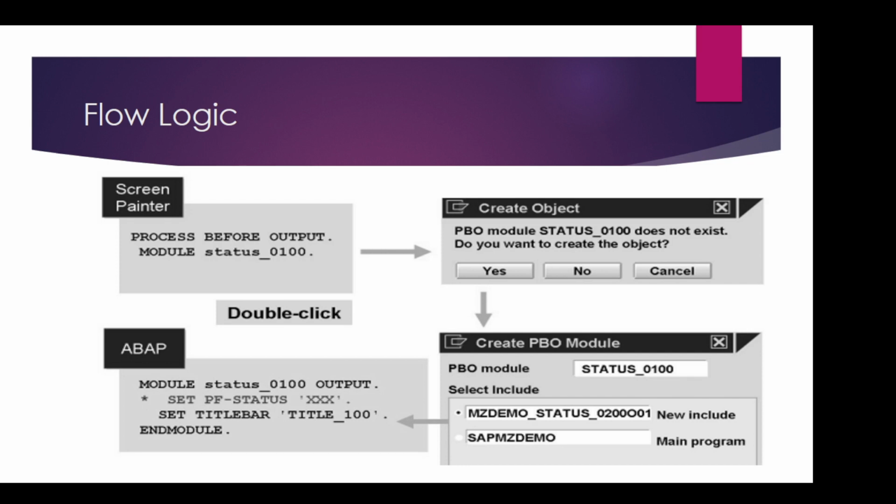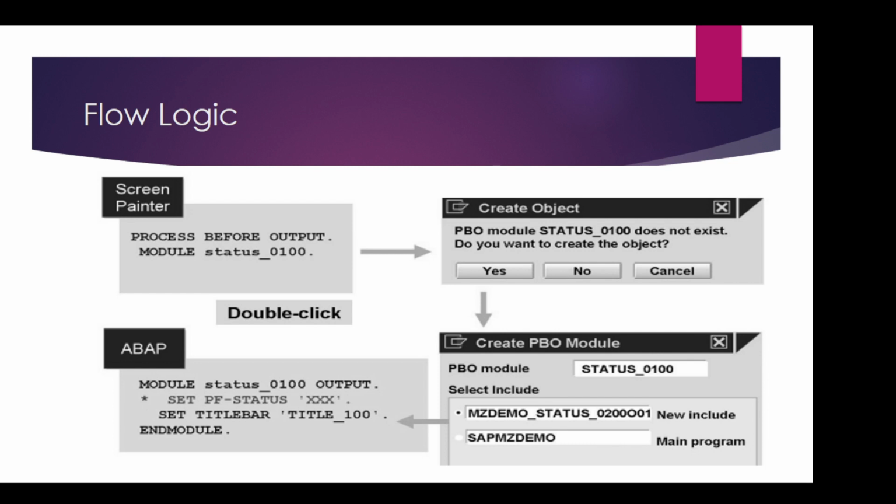Here, module status 0100 output exists in the process before output, so its implementation exists with the name module status 0100 output. The output shows that this module belongs to the process before output event.